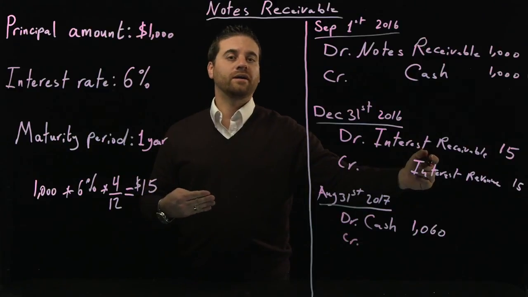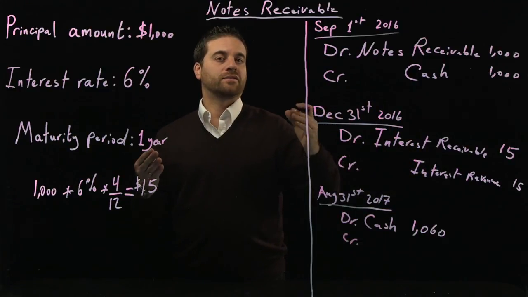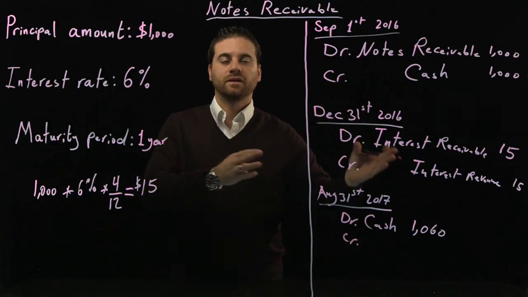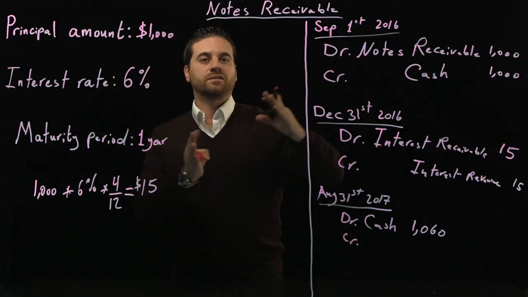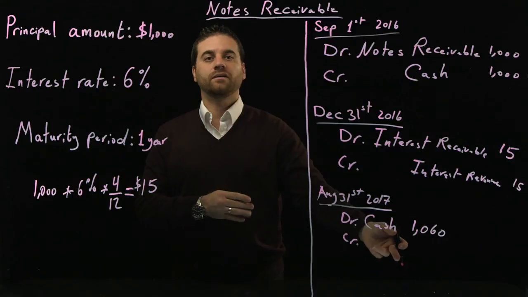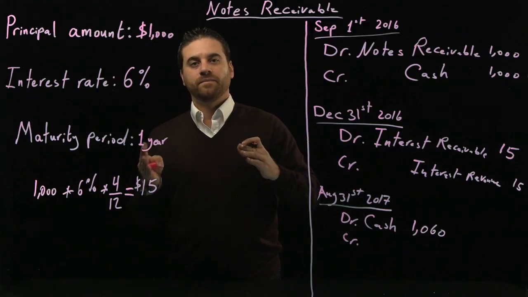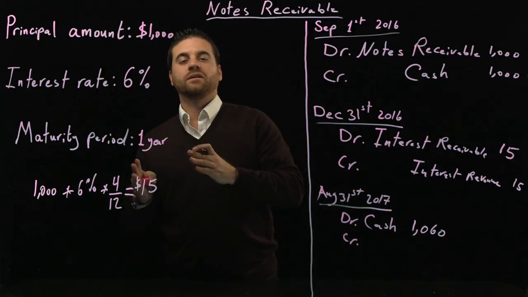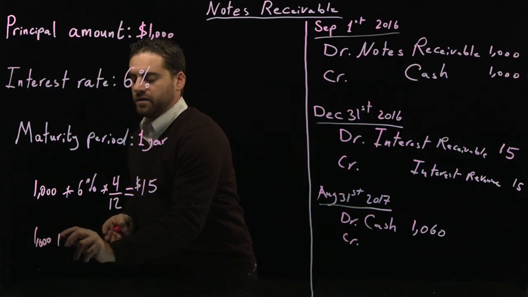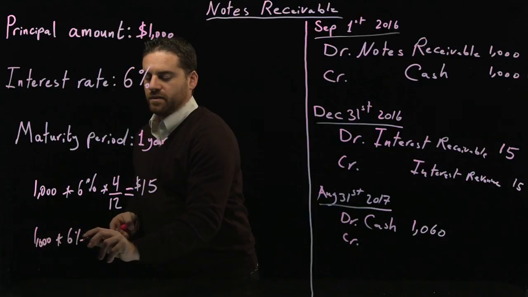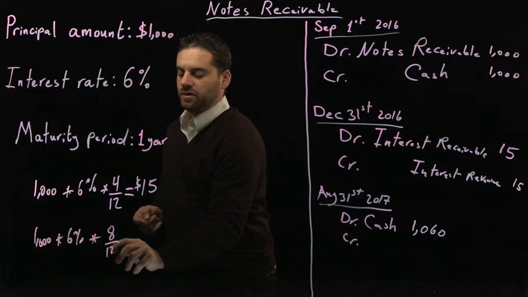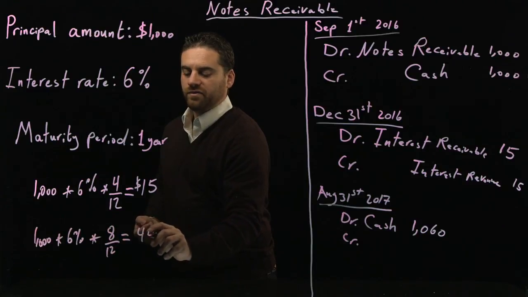It has to increase by the interest revenue that belongs to the last 8 months, the 2017 months, which is January 1st all the way to August 31st. The interest revenue for that is going to be recorded right now: 6% of the 1,000 multiplied by 8 over 12, so 8 months, and that would be $45.